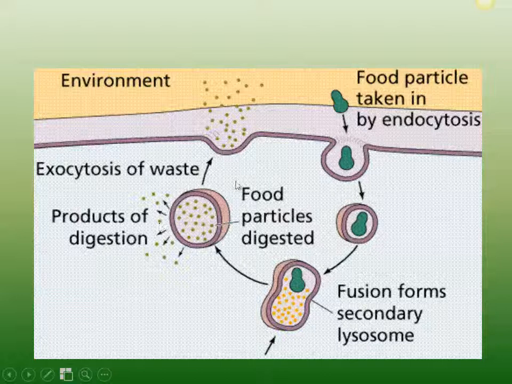The lysosome is going to release all of the good stuff, all the stuff that it wants, into the cell, and then the rest of the particles are going to be considered waste. Then this vacuole right here is going to merge with the cell membrane and spit all of this out, which is what we call ectocytosis. So endocytosis is good stuff coming in, ectocytosis is bad stuff going out.